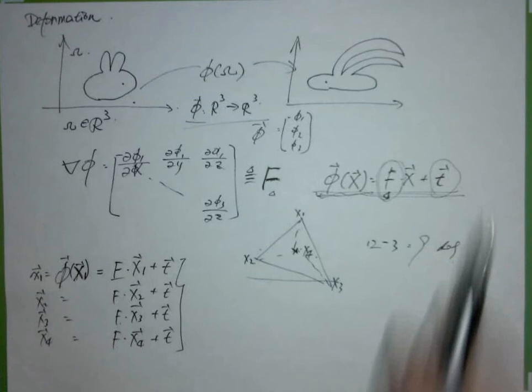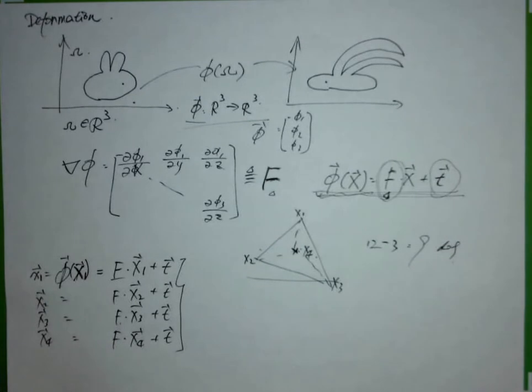Is this form a strict form, or is it just a Taylor approximation? It's not exactly a Taylor approximation. It really depends on the phi function, right? For the deformations that we care about, like rotation and scaling, they are just linear operators, so the first order Taylor expansion is itself.